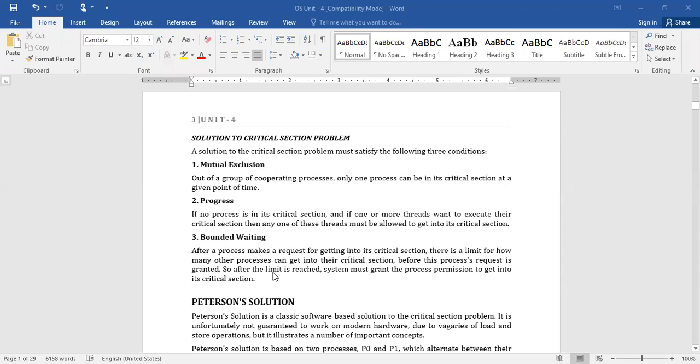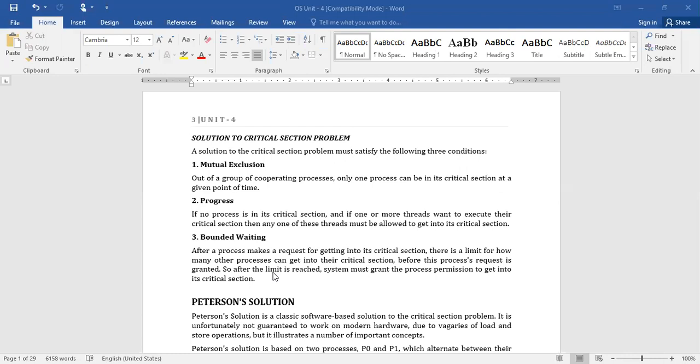And the third one is bounded waiting. After a process makes a request for getting into its critical section, there is a limit for how many other processes can get into their critical section before this process's request is granted. After the limit is reached, the system must grant the process permission to get into its critical section.